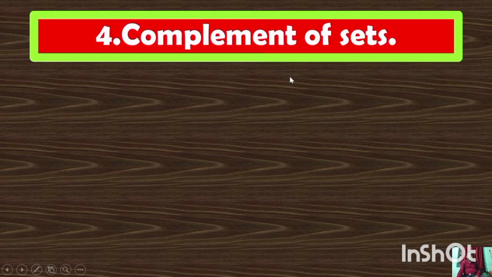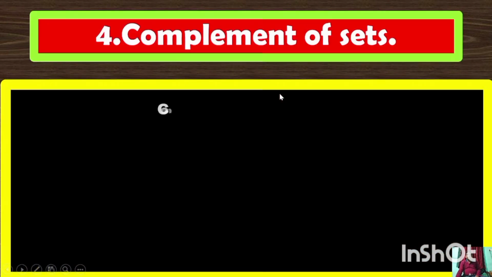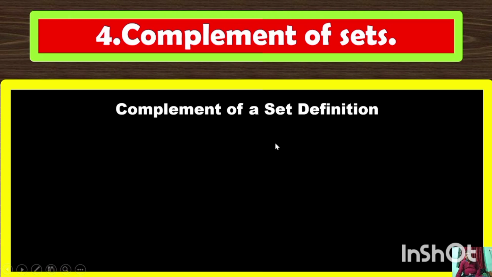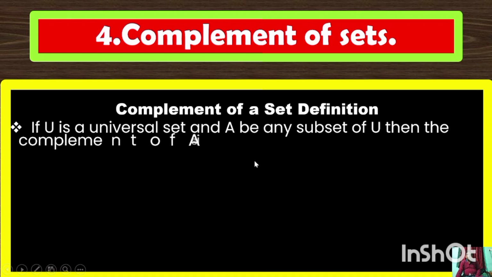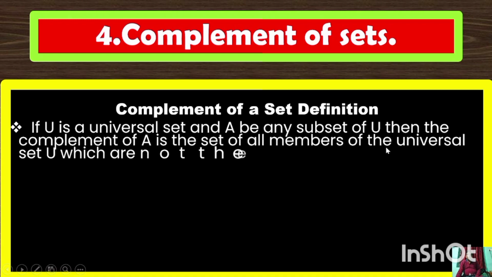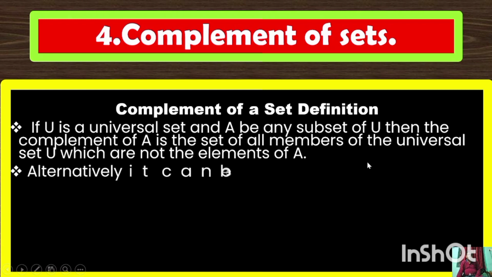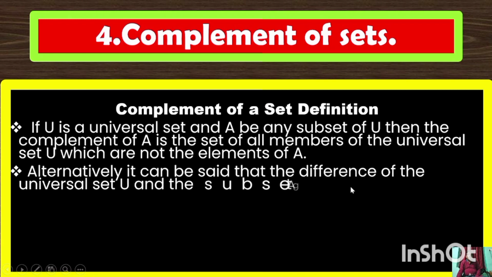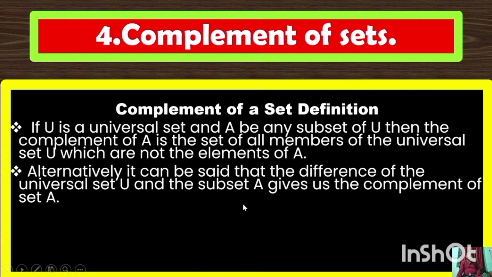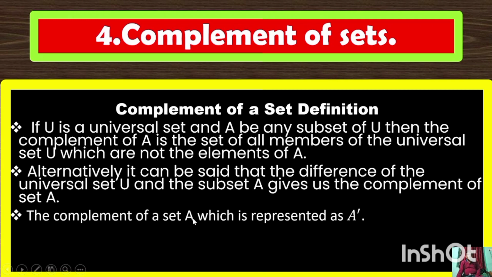Okay. And what is the complement of a set? Let's see. The definition of complement of a set is that if U is a universal set and A is any subset of the set U, then the complement of A is the set of all the members of the universal set U which are not elements of A. Alternatively, it can be said that the difference of the universal set and the subset A gives the complement of set A. The complement of set A is represented as A dash, right?